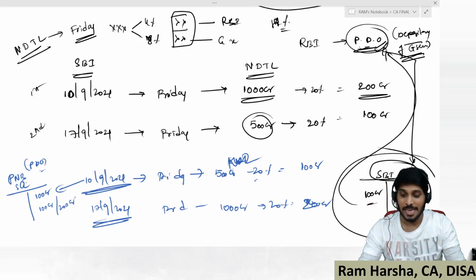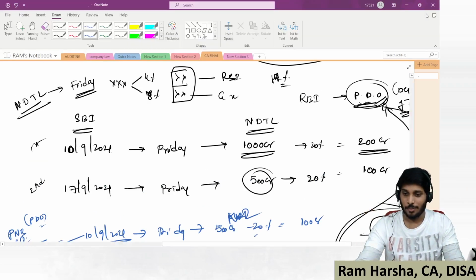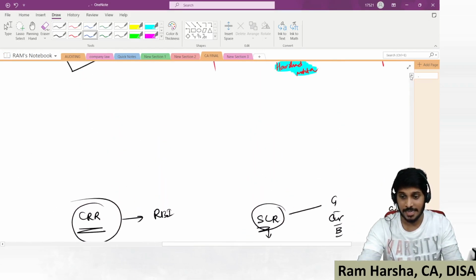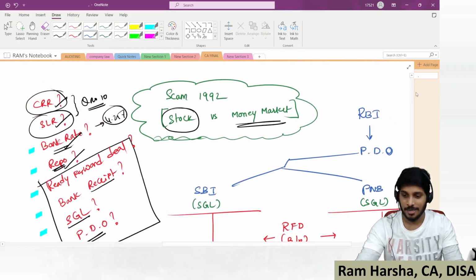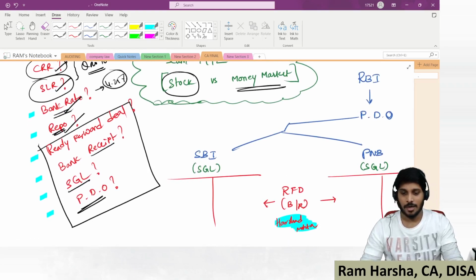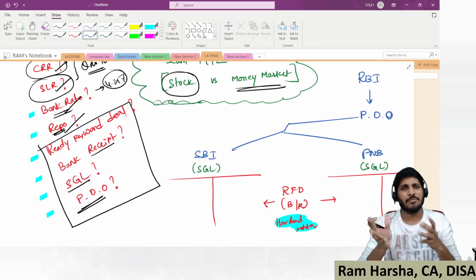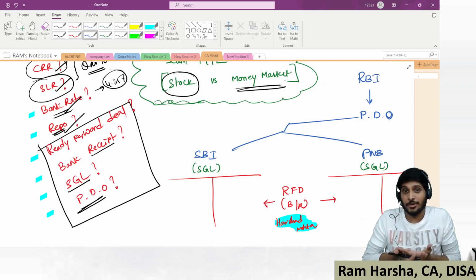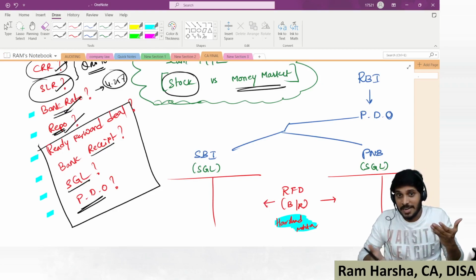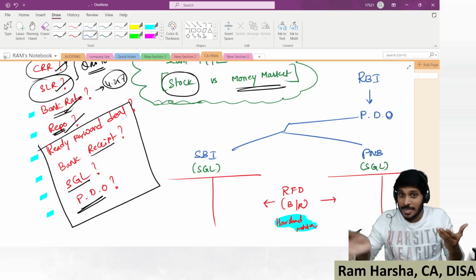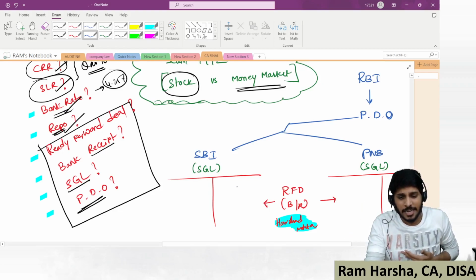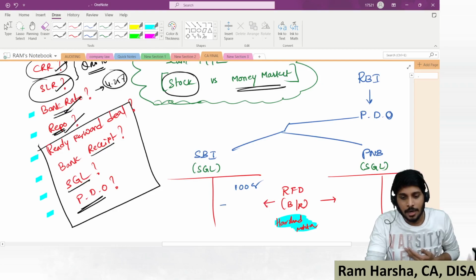Now what happened in the scam of 1992? Earlier in the 1990s, let me revise a small thing. Instead of what I told, State Bank of India originally has 100 crore, and now they want another 100 crore.